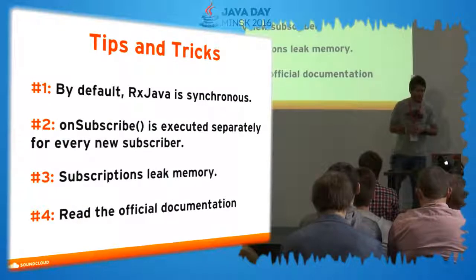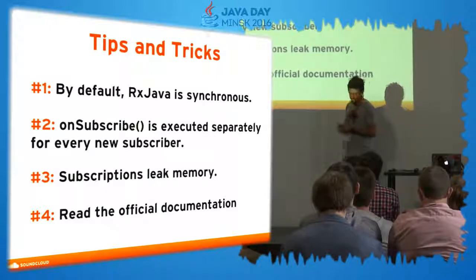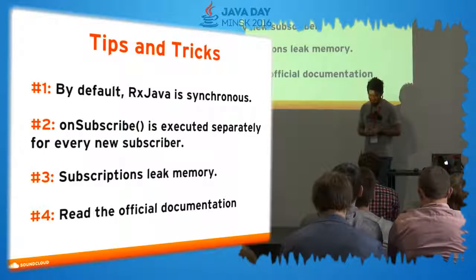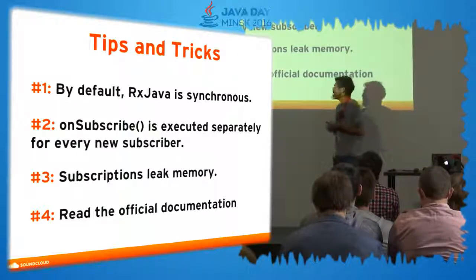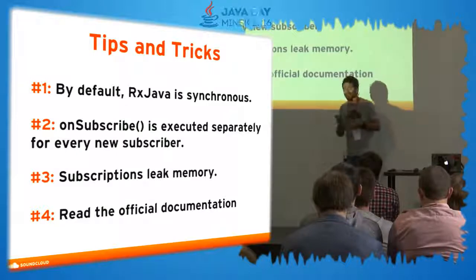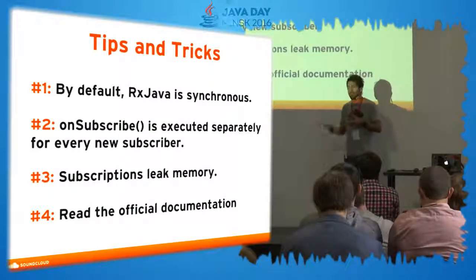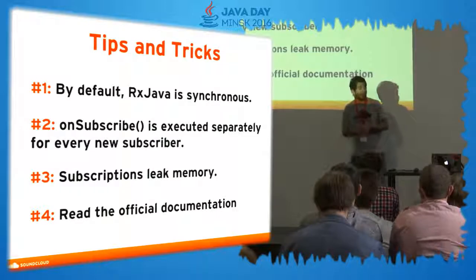And some tips and tricks to summarize: we have been talking about RxJava, and by default it's synchronous, so be careful with that. Always specify schedulers if you want to step out of a certain thread, or if you want to perform any job in a new thread, just apply the schedulers.